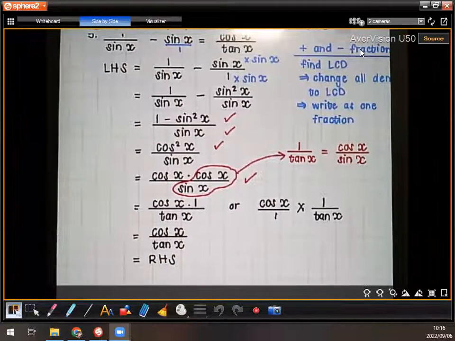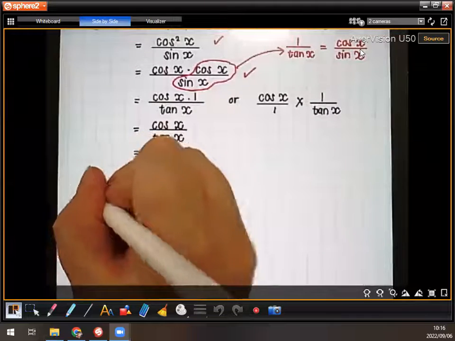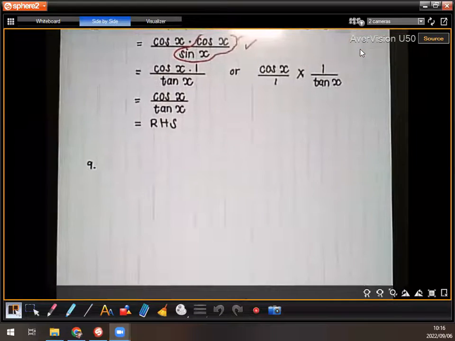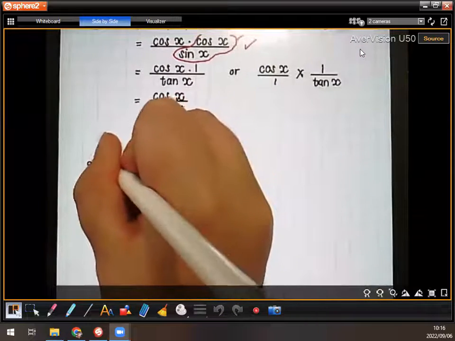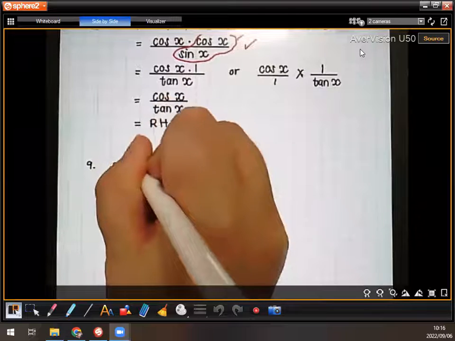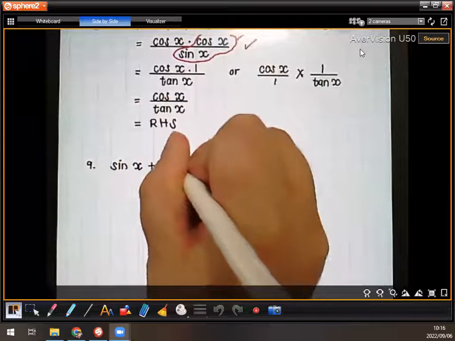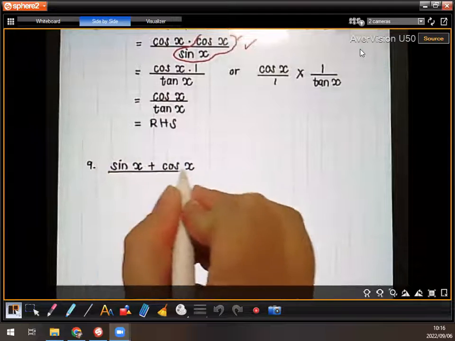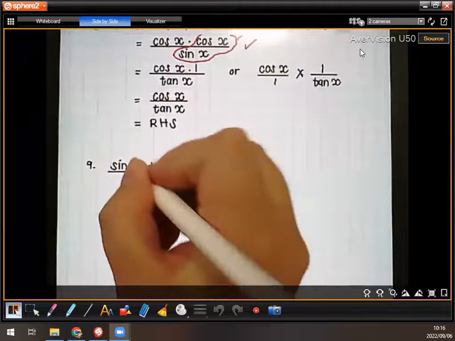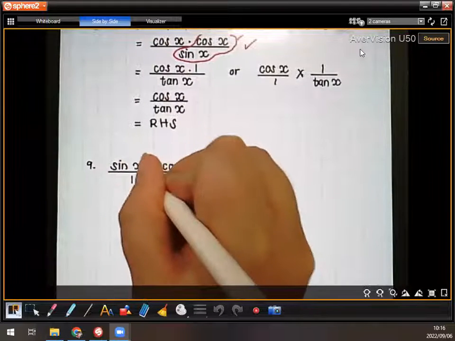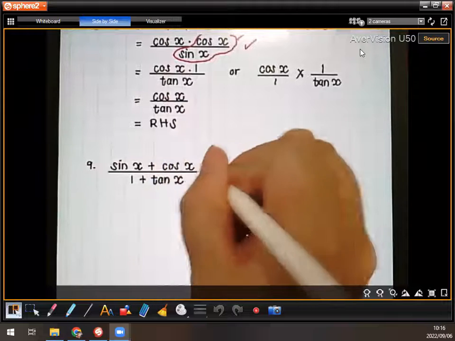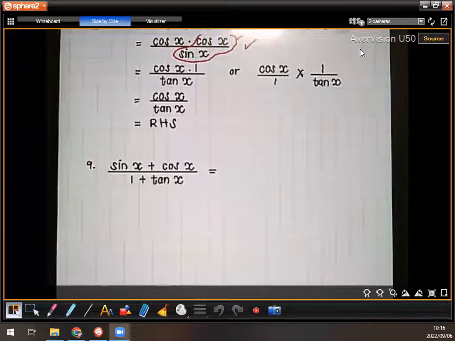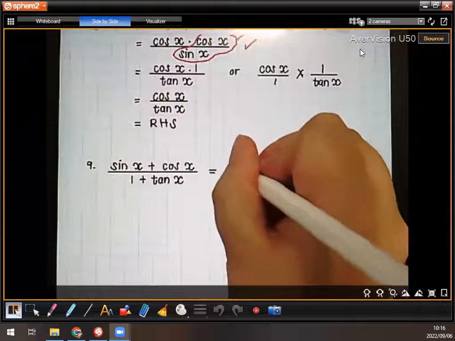Next one that you had to do was number 9. Let's look at number 9. So we had sin x plus cos x over 1 plus tan x is equal to cos x.